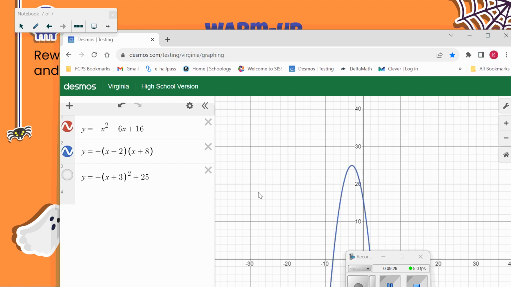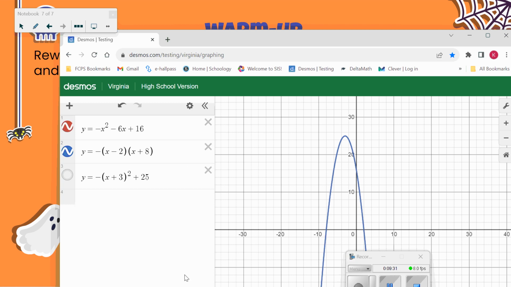So let's look at the graph of 2. It's this blue graph. And what do you notice about that compared to the red graph? It's the same. So does that mean we did it right? Yeah, because I wanted to create the same graph, but just in a different form. So they should be the same. Now, what about here? I have my vertex form. And what did you guys notice there? It's also the same.